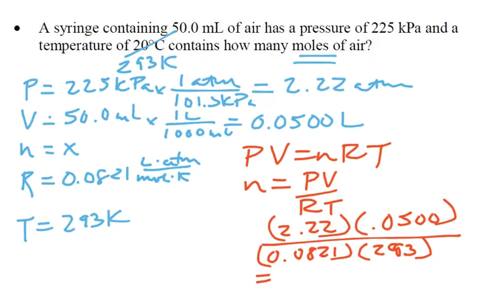I get 0.004614 moles, and that's my answer. It's a PV equals nRT problem, and I solve for n.